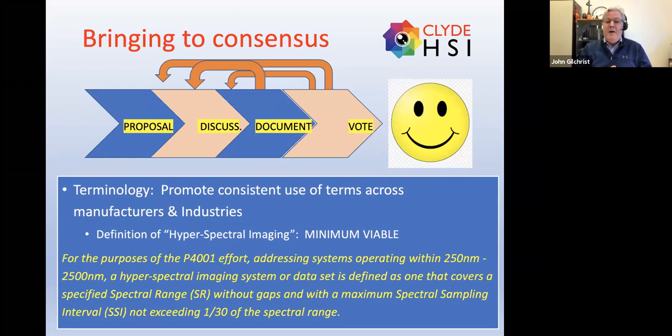And that a hyperspectral imaging system or a data set is defined as one that covers a specified spectral range without gaps and with a maximum spectral sampling interval not exceeding 1/30th of the spectral range. That took 2 years and 30 industry specialists to define.